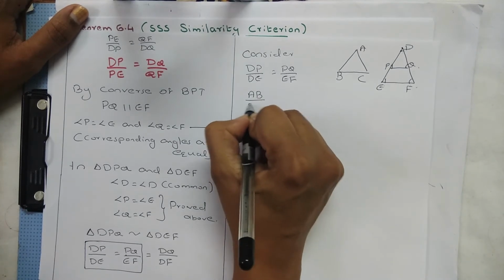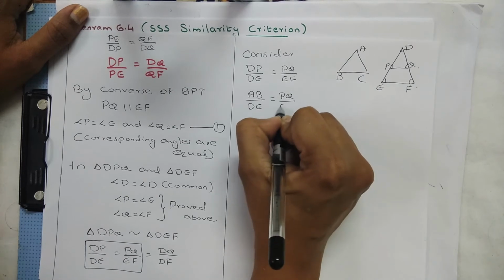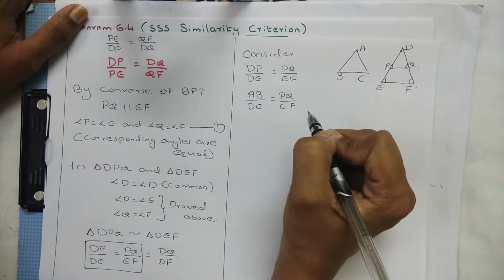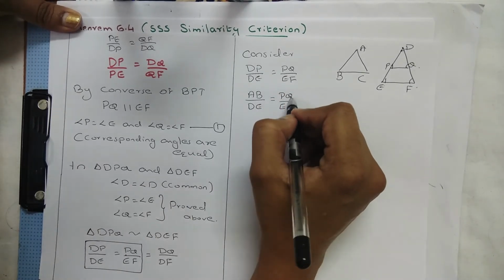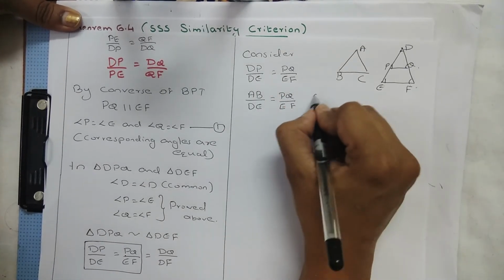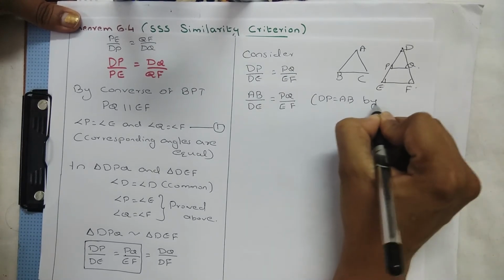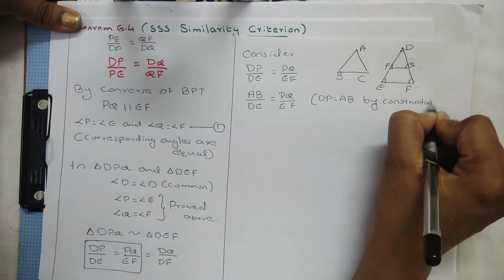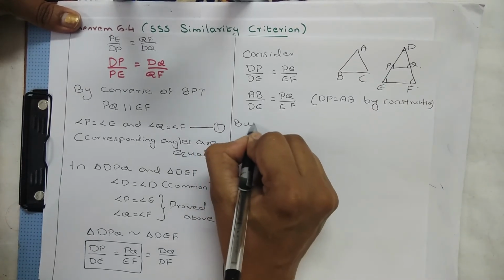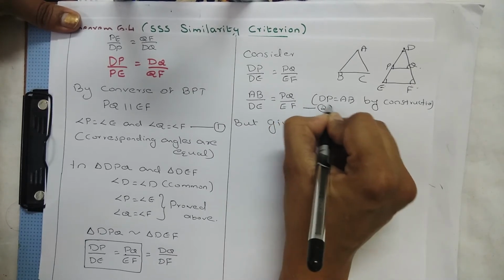So AB divided by DE is equal to PQ divided by EF. Right? DP divided by DE is equal to PQ divided by EF, from DP is equal to AB by construction. Okay? Put that as equation number 2 here.